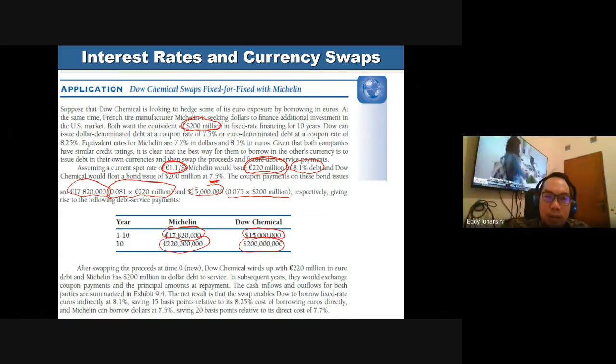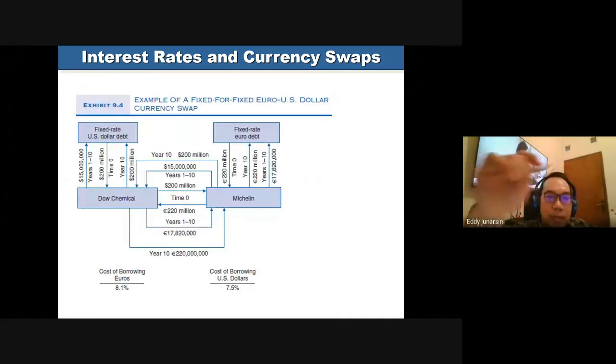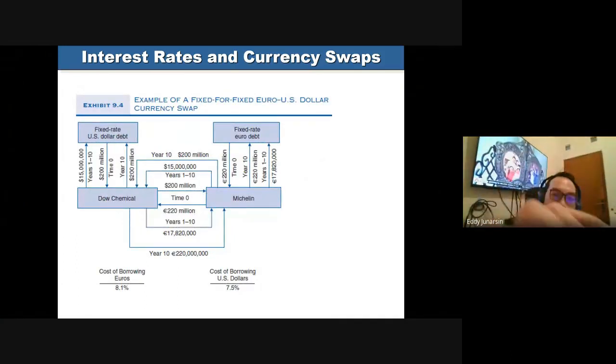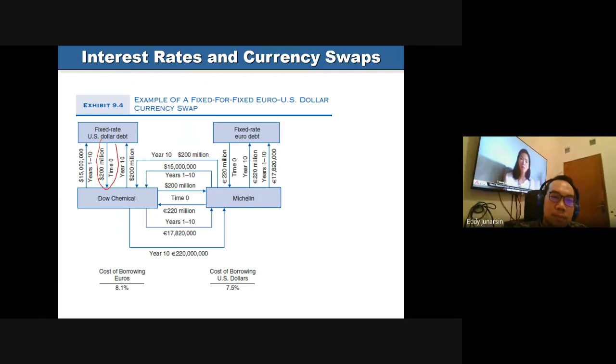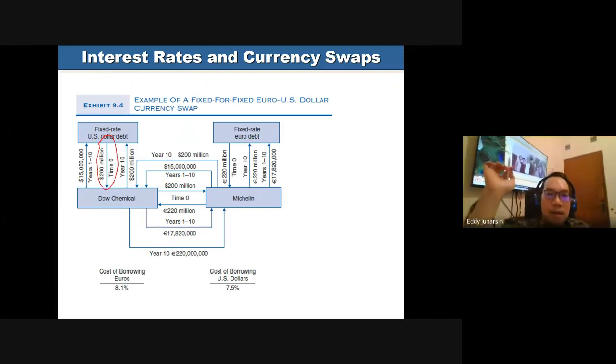So let's see now, they could happily exchange their obligations, right? So Dow Chemical will borrow 200 million, okay? And then will transfer the debt to Michelin, right? Okay, and then every year, because of the exchange, Michelin will have to pay how much again?